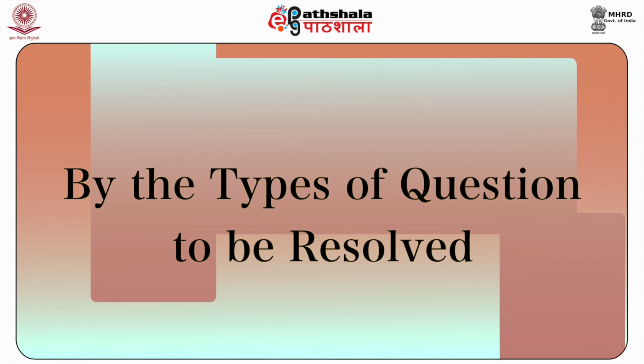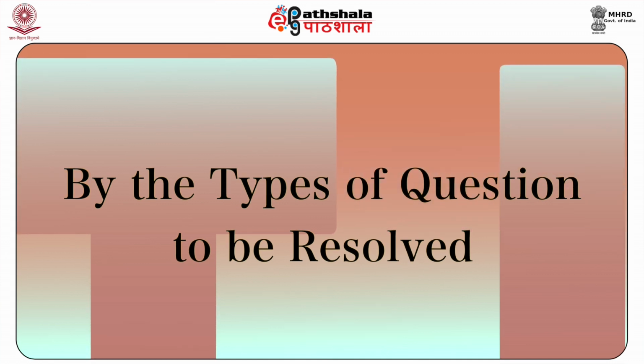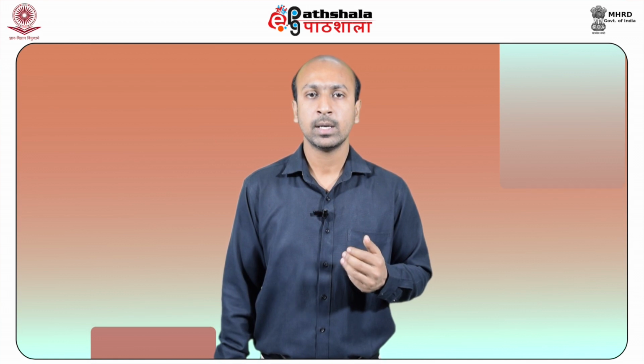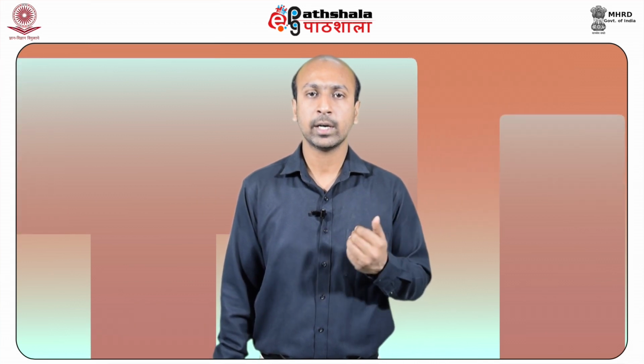Now, by the types of questions to be resolved. In this classification system, evidence is classified according to whether it will be useful in the reconstruction of the crime, by proving an element of the crime, in linking a suspect to a victim or to a crime scene, in excluding or exonerating a suspect, or in corroborating or disproving an alibi.